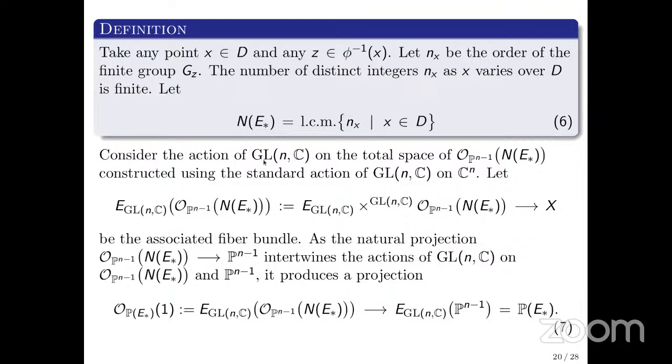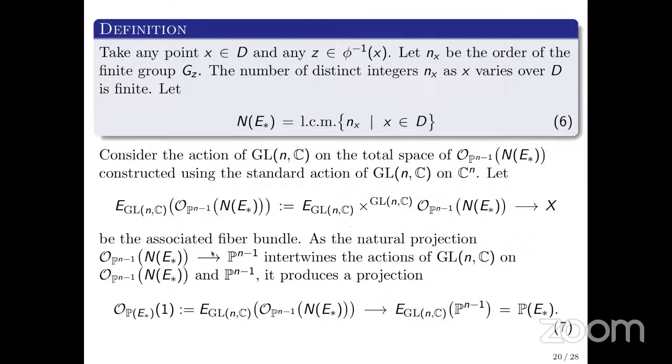Now, if you consider the action of GL_n(C) on the total space of the Serre bundle with a twist by n of E star, using the standard action on C^n, then again you can construct this fiber bundle.